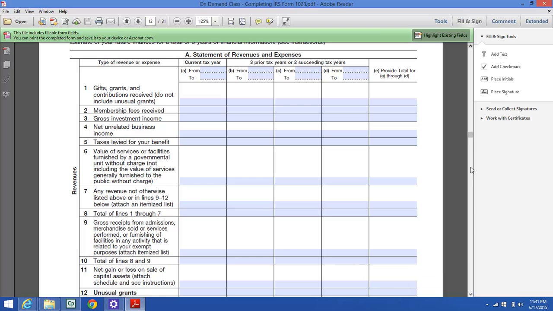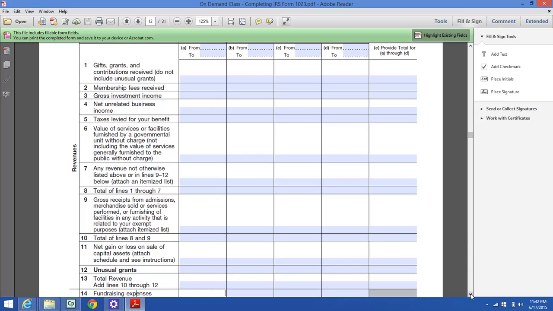through line 12, so that you can see whether or not the revenues you are going to receive may fall into one of these categories. And once again, I always refer to your instructions, but you may project that you're going to receive revenue from one of the sources listed in lines 1 through 12.